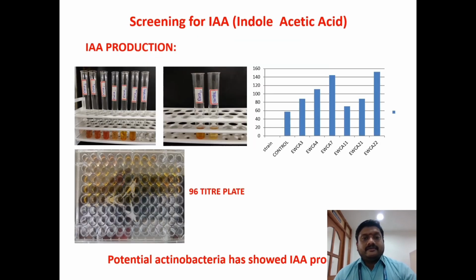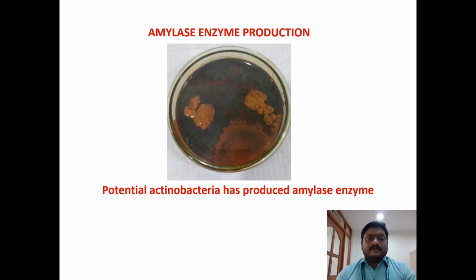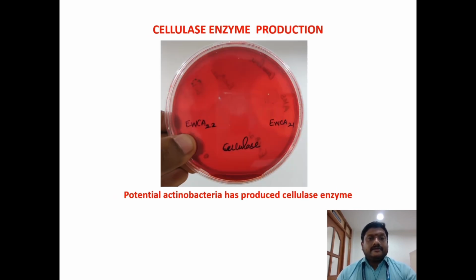Then we did the indole acetic acid production. The potential strain showed indole acetic acid production by the tube method and also by the 96 well plate method, it also solubilized phosphate, and it showed amylase enzyme production and cellulase enzyme production.